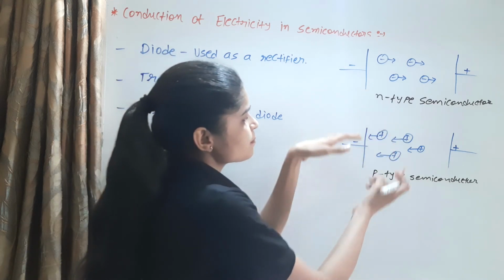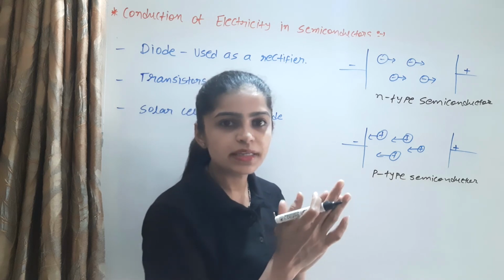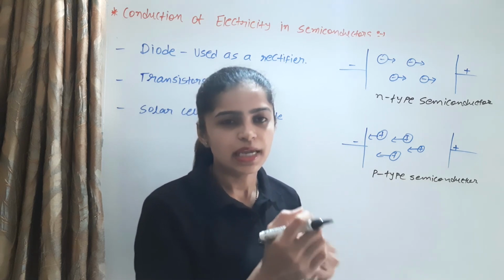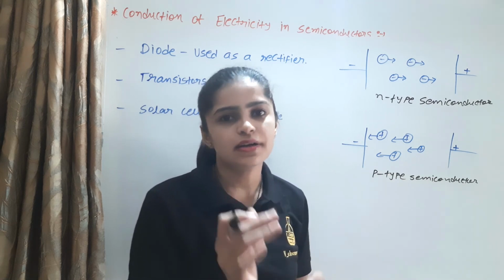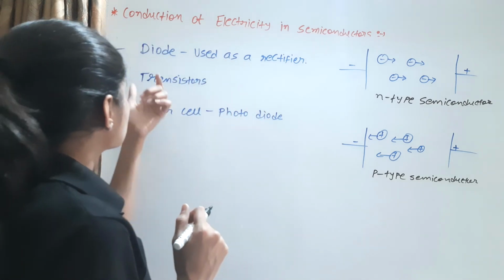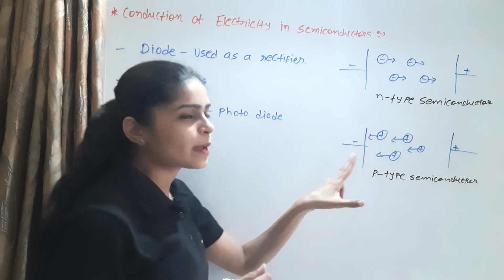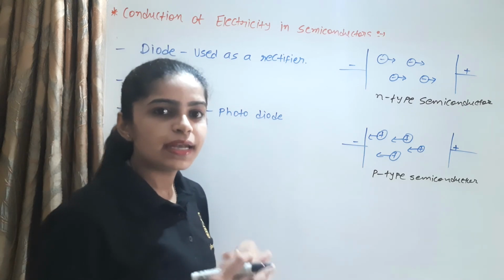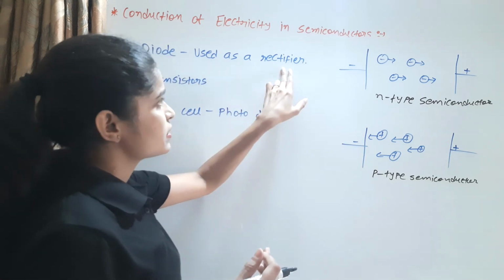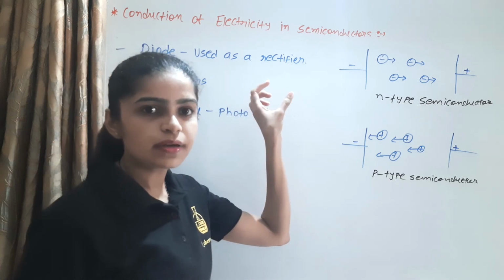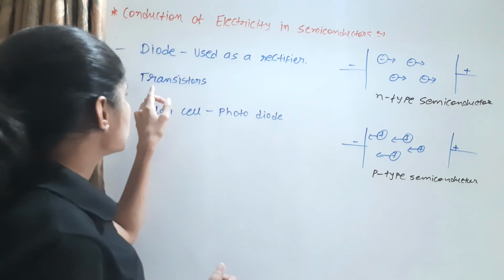When n-type and p-type semiconductors are combined, they give the p-n junction, and it has applications in different directions. First is the diode. In the diode, n-type and p-type semiconductors are used, and the diode is used as a rectifier. Second is the transistor.